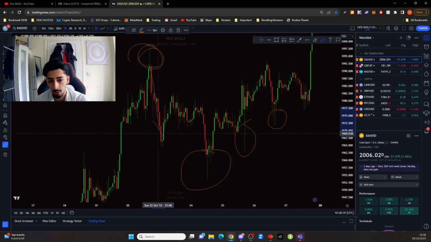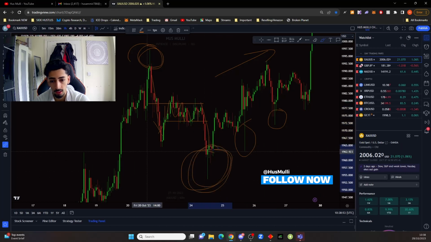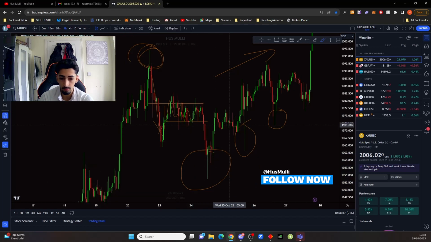Then obviously you consolidate because the market hasn't got a direction, and before this market wanted to really push up over here, we came down and grabbed a lot of liquidity down in this area, right? This area right here.